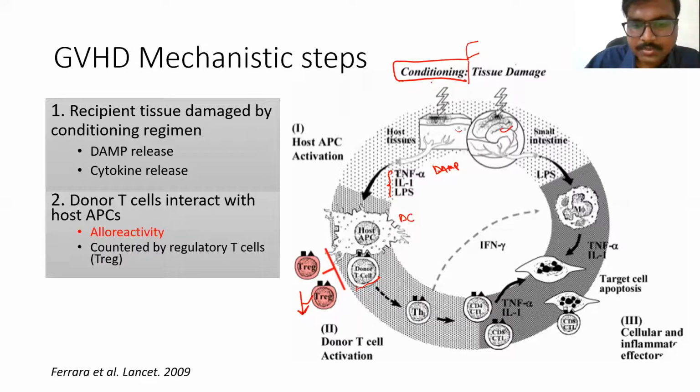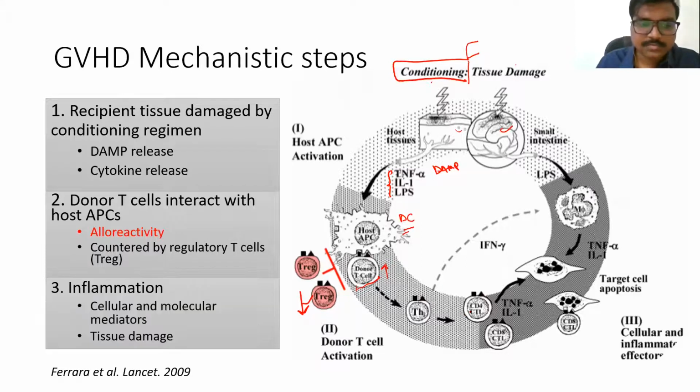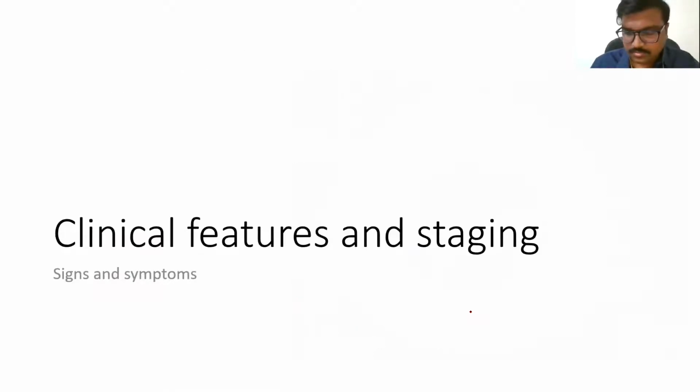Patient is already immunosuppressed, and these donor T cells which we have transplanted will get activated because of this antigenic stimulation, and that leads to downstream signaling and inflammation because of various interleukins that results in tissue damage manifested as GVHD.